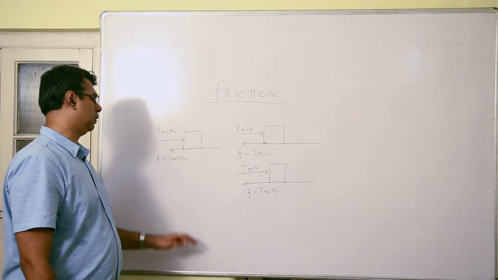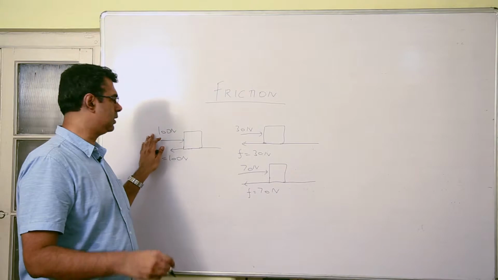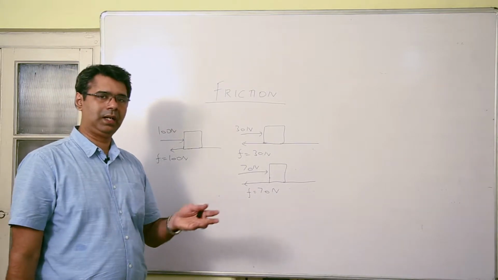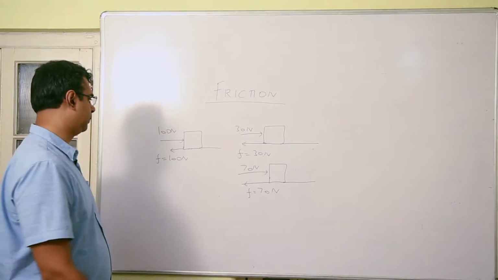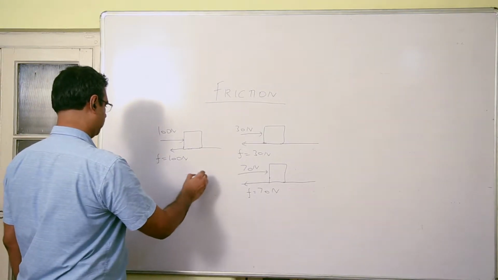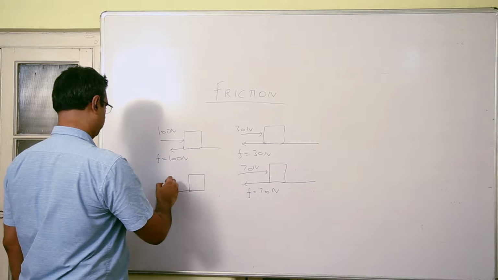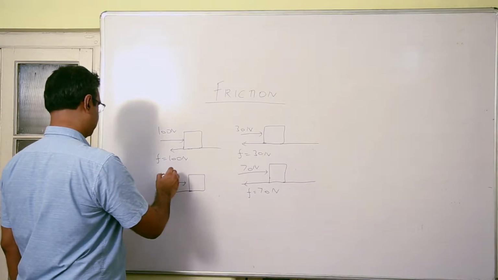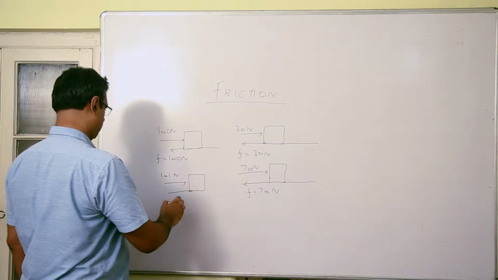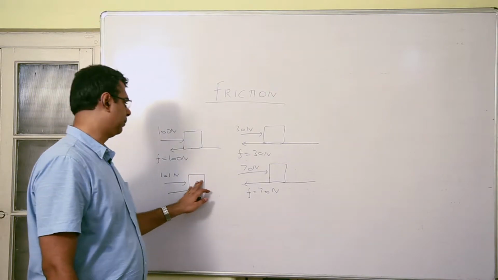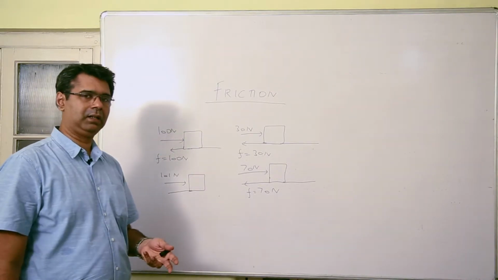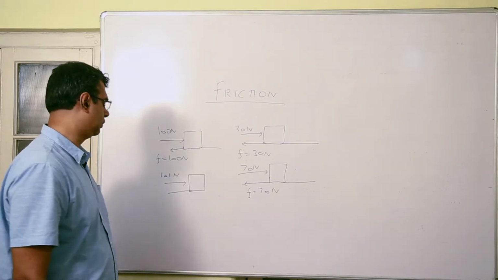However, it was found that when you increase the force beyond 100 Newton, any value more than 100 Newton, the block starts moving. Say for example, when the force was increased to, let's say, 101 Newton, the block was found to move. In fact, any value greater than 100 Newton, the block was found to move.